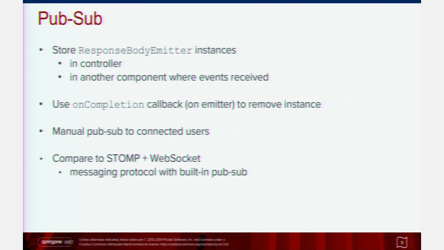You're waiting for external events, and when they arrive, you just go through the emitter instances and decide which ones of those should actually get that message. And there's an on-completion callback on the emitter, and that you can use to immediately register a cleanup logic so that wherever it's stored, it gets removed. Effectively, this is manual pub/sub for all the connected users.